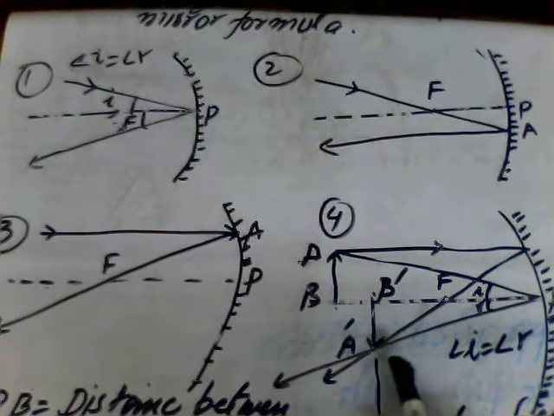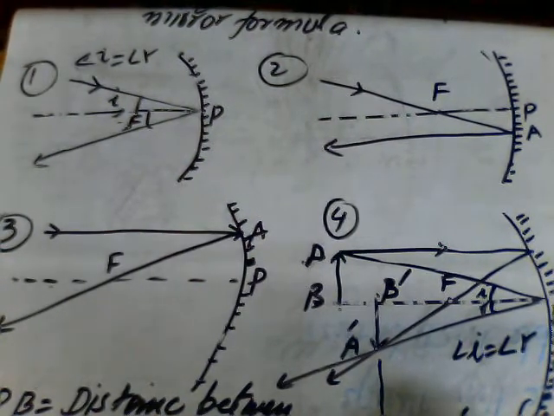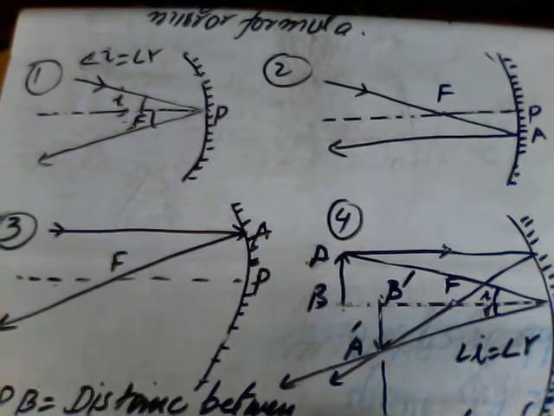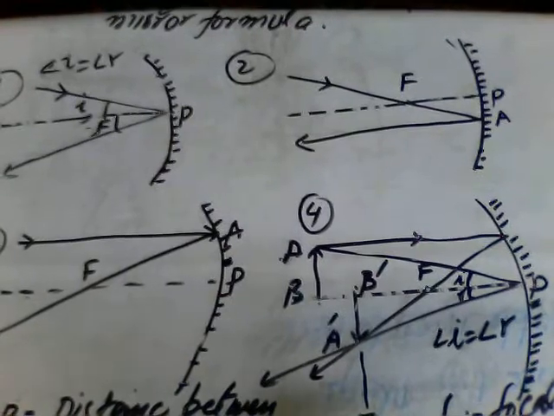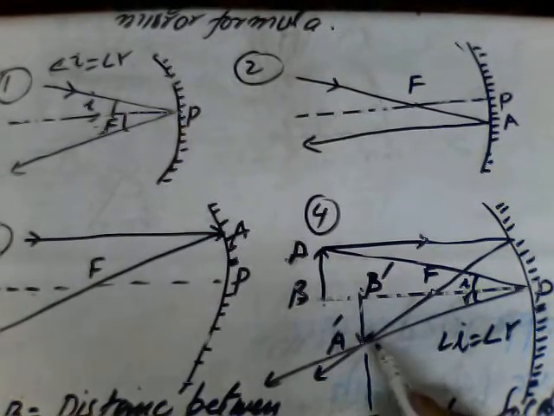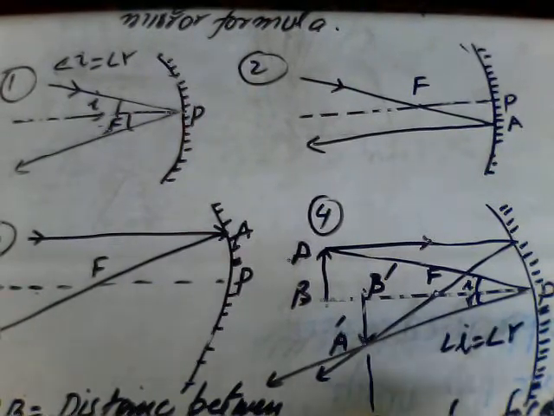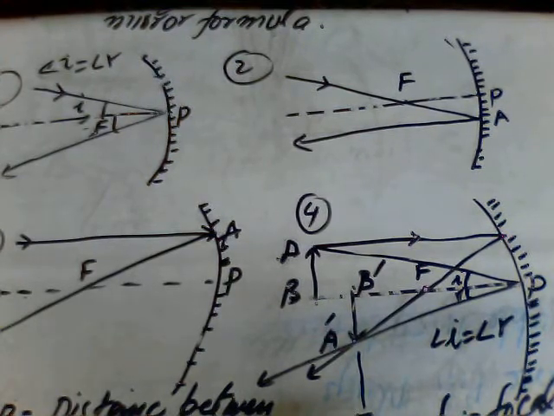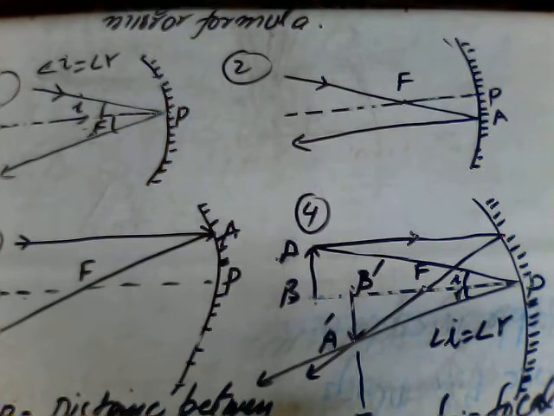Keep it in your mind that an inverted image is real. An inverted image will be a real image. It may be enlarged, or it may be smaller than the object height.